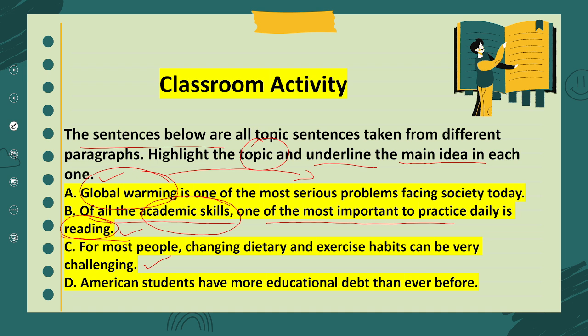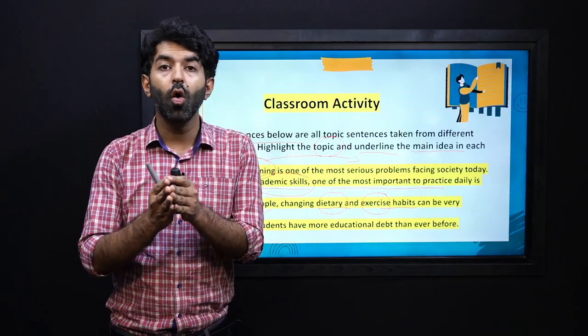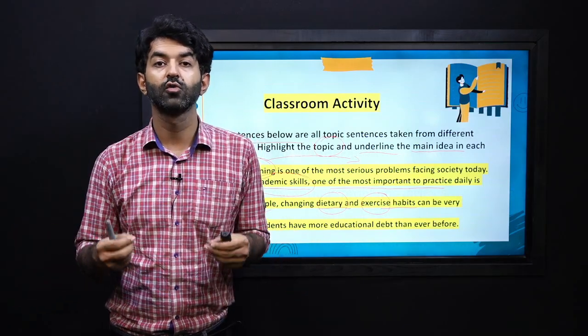Here, this topic sentence gives us the main idea about diet, taking care of your health. And what are we talking about? Changing dietary and exercising habits. This topic is going to be covered in all of the paragraphs that you're going to see next.